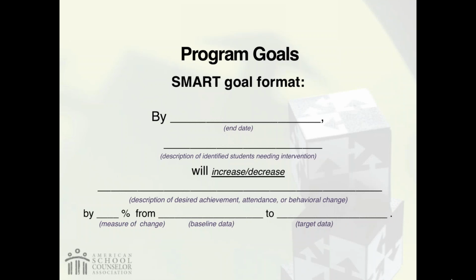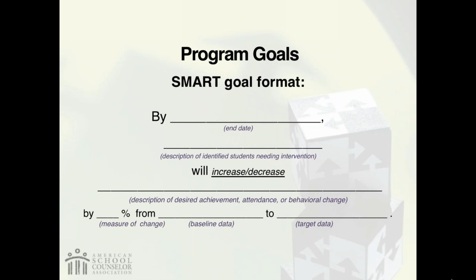So this is one format that can help you be sure that all of the pieces are in your SMART goal. So just to go through it, that first blank is the end date. That might be the end of first semester, the end of second semester, or the end of the school year. This is at what point are you going to stop and determine whether or not you achieved this goal.